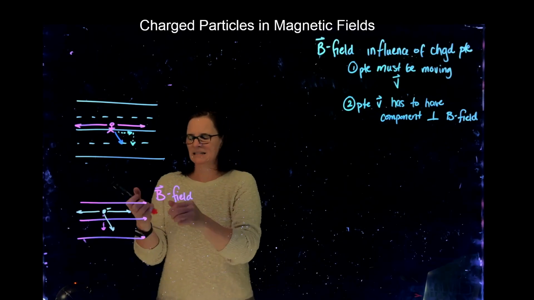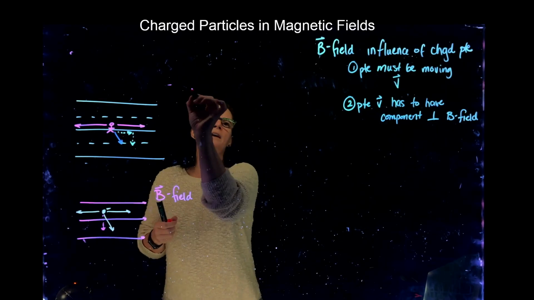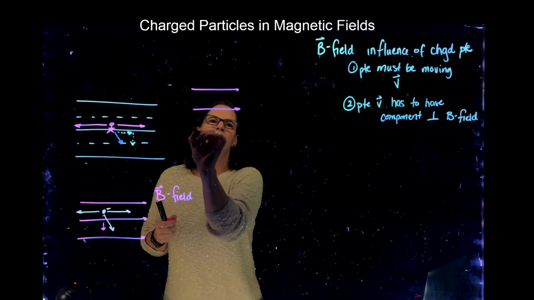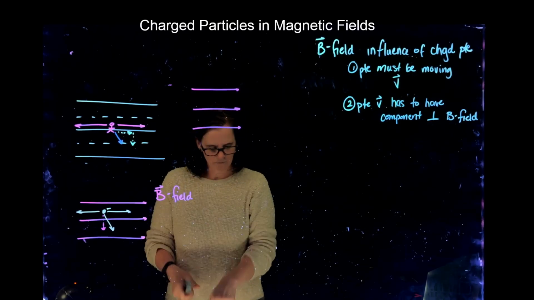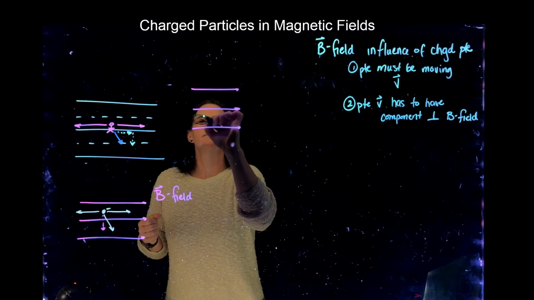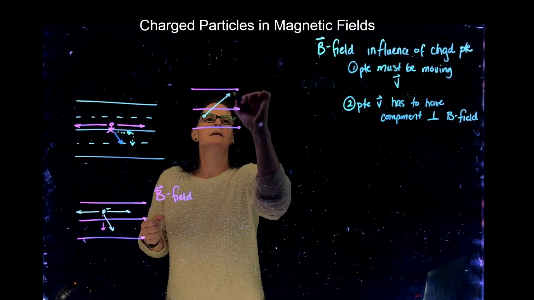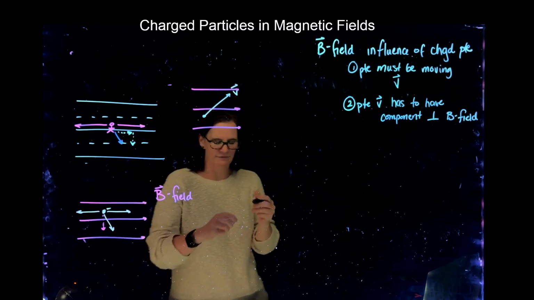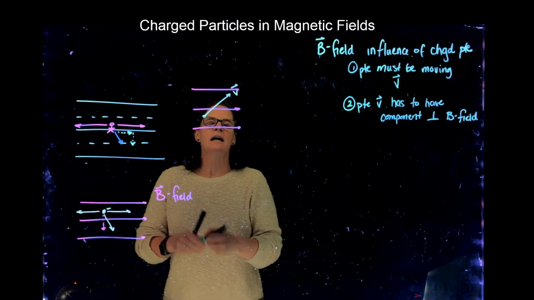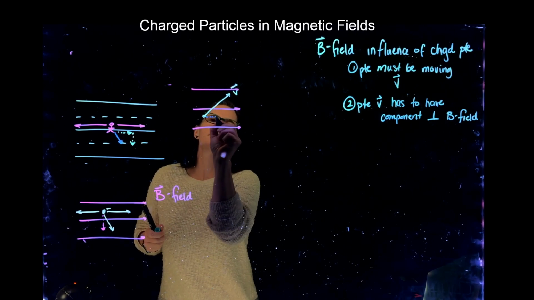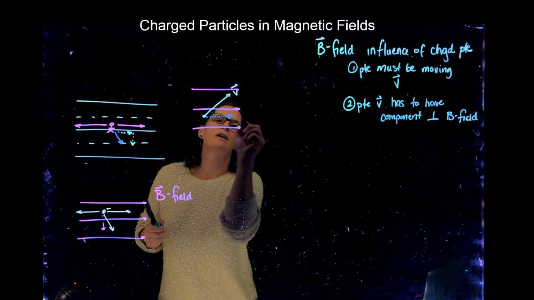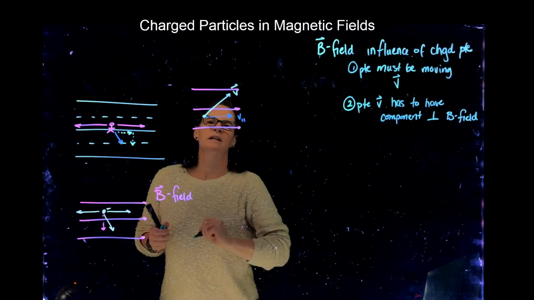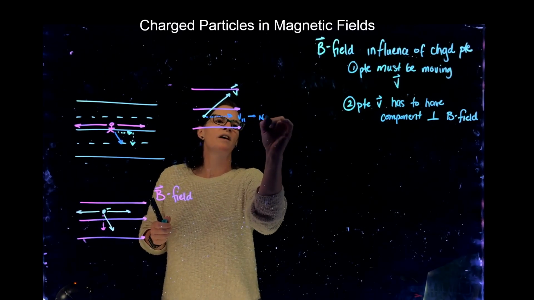So I'm just going to take this image and draw it up here for a second. This is my magnetic field, and this is my particle with some velocity v. The component of that velocity parallel to the field has no effect.